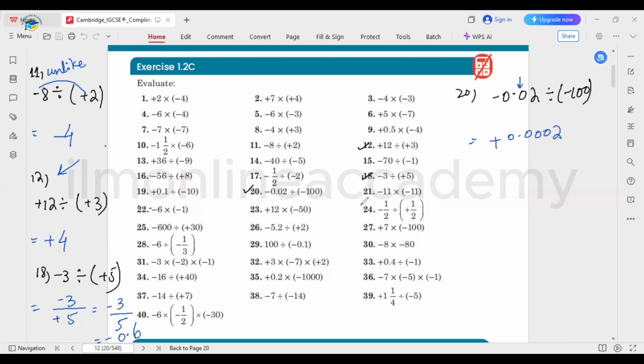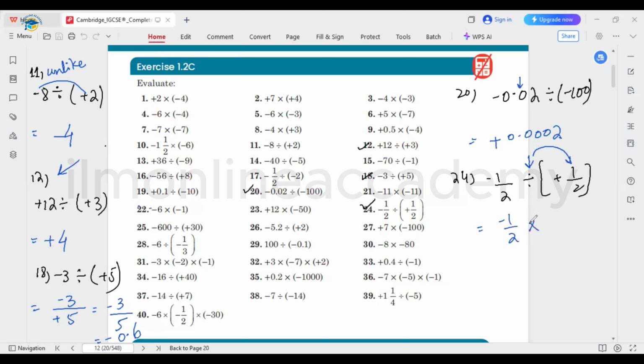Like for example, let's see how we will be solving this 24th, as this one is having a fractional part like this. Fractions can't be solved with the division sign directly. They will be solved once you change this division sign into multiplication. For that, your next fraction is going to be reversed. So this -1 by 2 would be as it is.